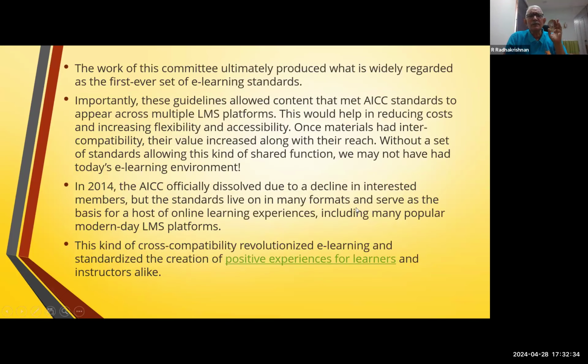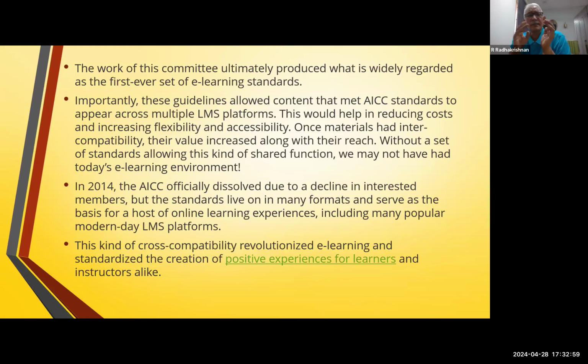Thereafter, the committee's work ultimately produced what is widely regarded as the first set of e-learning standards. This committee came up with strong standards once the e-learning platform moved on to web-based e-learning systems.